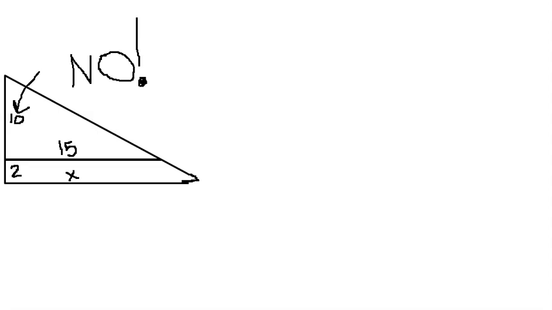Okay, so if you ever get a situation that's set up like this, you are not allowed to do 10 over 15 equals 2 over x. I know it's tempting. Everybody tries to set it up that way, and I continue to yell.